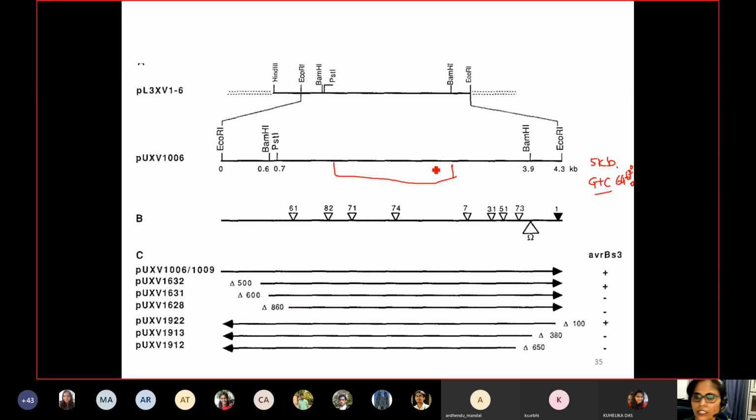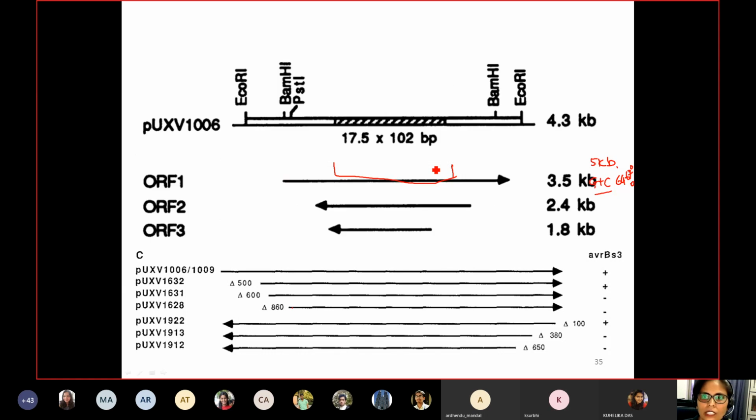In the first paper, what this shows here is the ORF region. Basically they also wanted to check, after cloning, which side is important for the promoter, whether the gene is transcribed from this direction as in the case of ORF, or from the left direction as shown in ORF2 or ORF3.